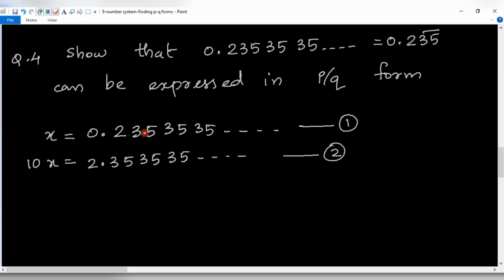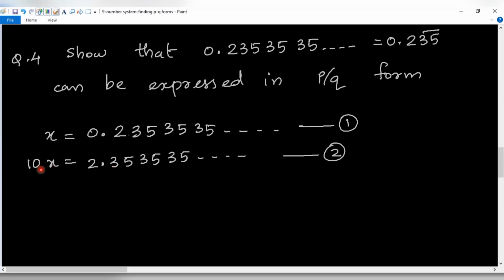See, in the first and second equations, the digits after the decimal place are not alike, right? So we have to make them alike. For that, we have to move 2 more digits forward, which means we have to provide 2 more zeros here. Now it is 10.